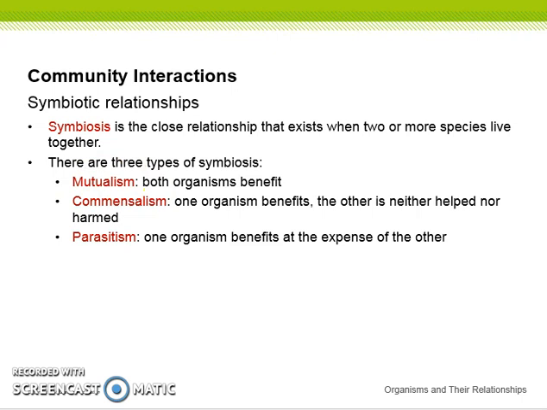Mutualism. A great example for mutualism is actually a bee and a flower. Okay, for mutualism, since both organisms benefit, we would use the bee and the flower for this. Flowers can't self-pollinate. A flower is a plant. It can't get up and move and go, hey, want to make some more flowers? It doesn't happen that way.